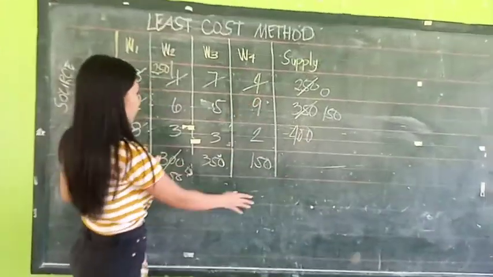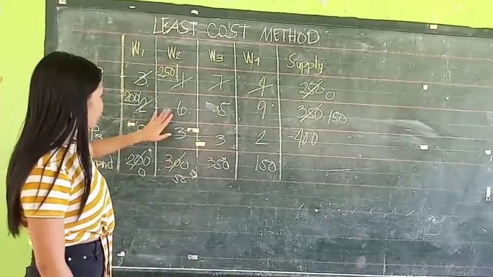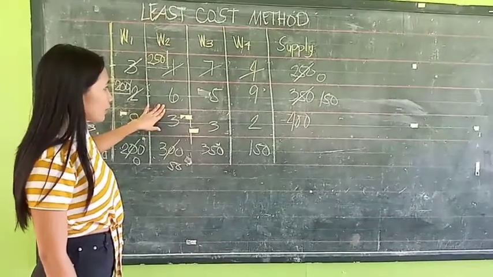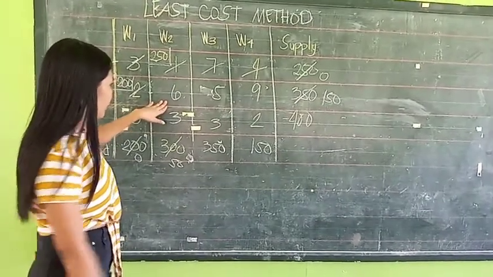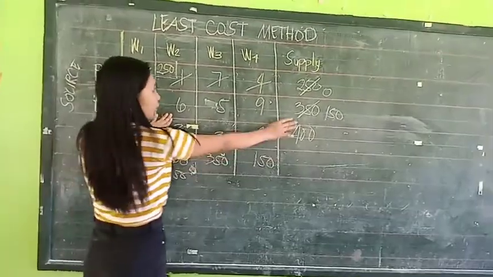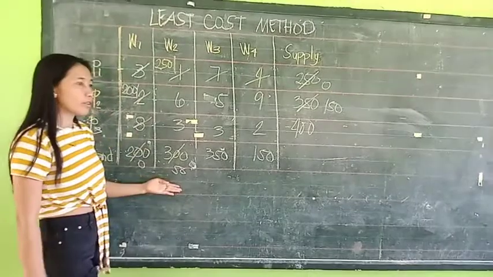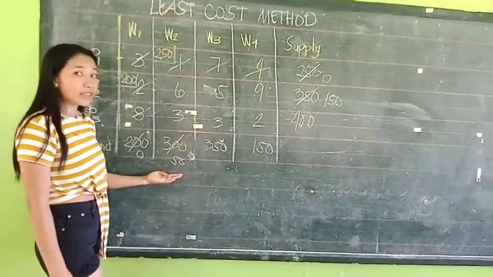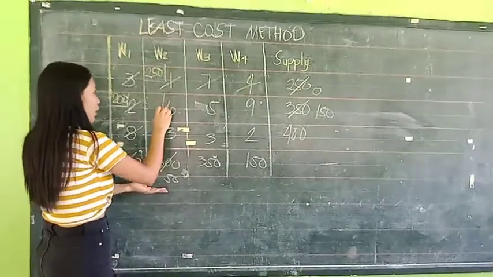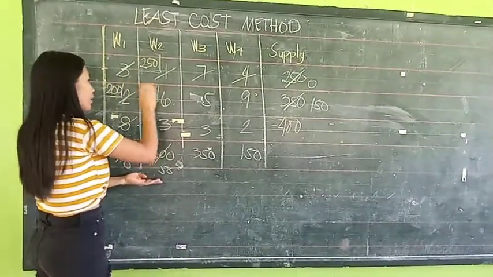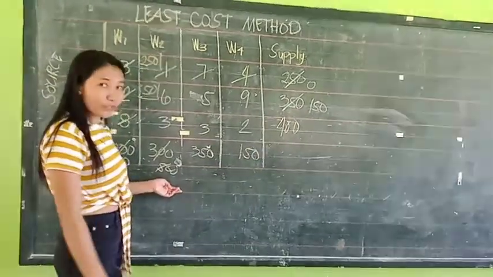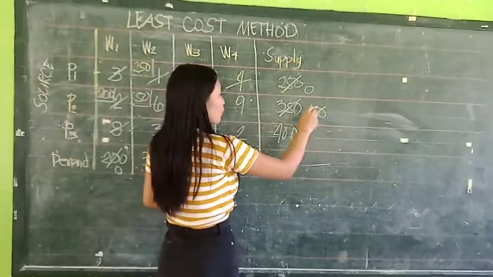Since in this area both demand and supply are satisfied, we need to cancel this area. In this column, 6 is our least number. Our demand is 50 and our supply is 150. As you can see, 50 is less than 150, so we need to put the 50 here, and the 50 will be 0, and 150 minus 50 will be 100.